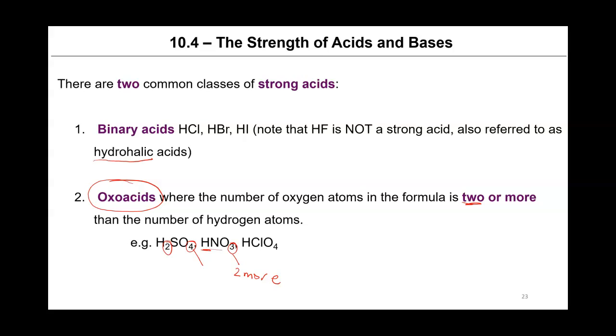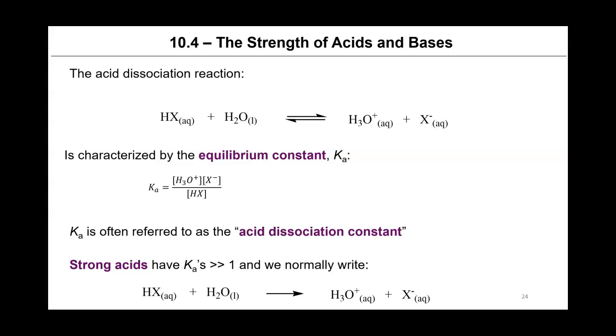So therefore, this is a strong acid. This final acid is called perchloric acid. We have 1 hydrogen atom and 4 oxygen atoms, so we have 3 more oxygens. So that 3 is bigger than 2, so that acid is strong.